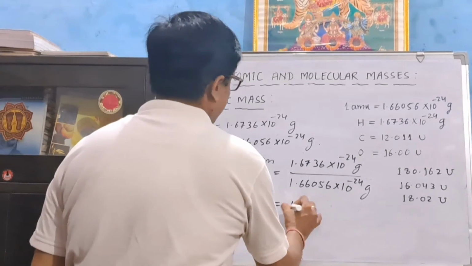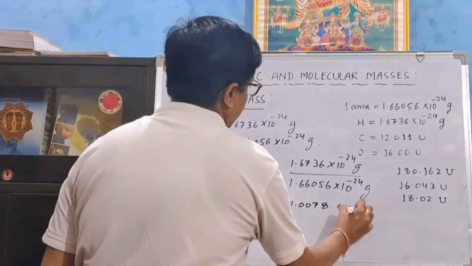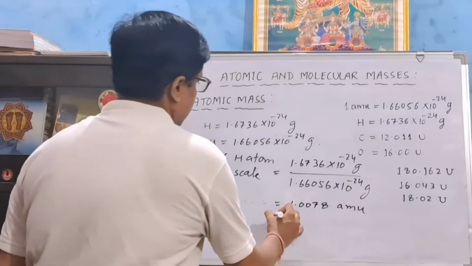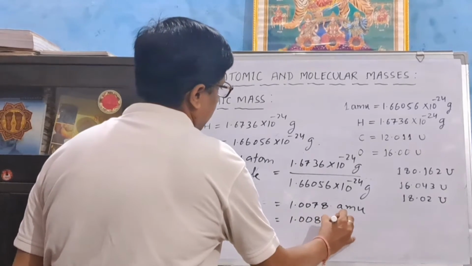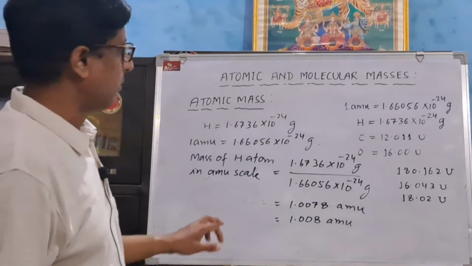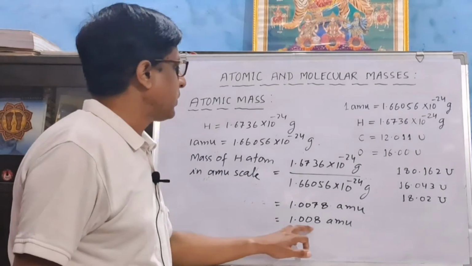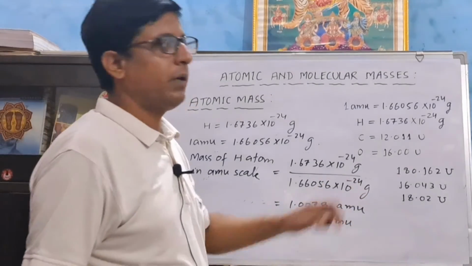This comes out to be 1.0078 AMU, which is approximately 1.008 AMU. Therefore, the mass of one hydrogen atom on the AMU scale is equal to 1.008 atomic mass unit.